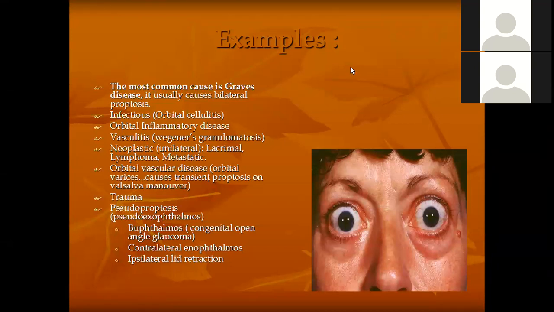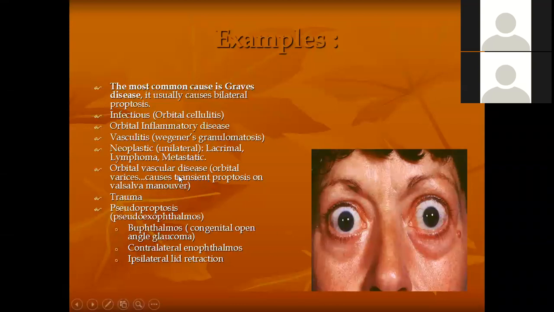There are diseases like orbital inflammatory disease. There are diseases like vasculitis, which causes proptosis. There are neoplastic diseases like lacrimal gland tumors, and metastatic tumors from other body parts like the lungs, which might spread into the orbit. The lymphomas might also spread into the orbit.